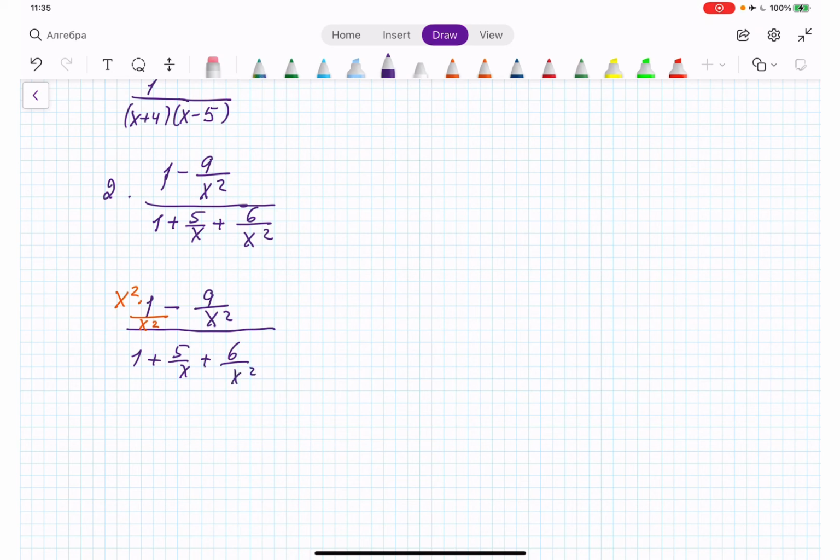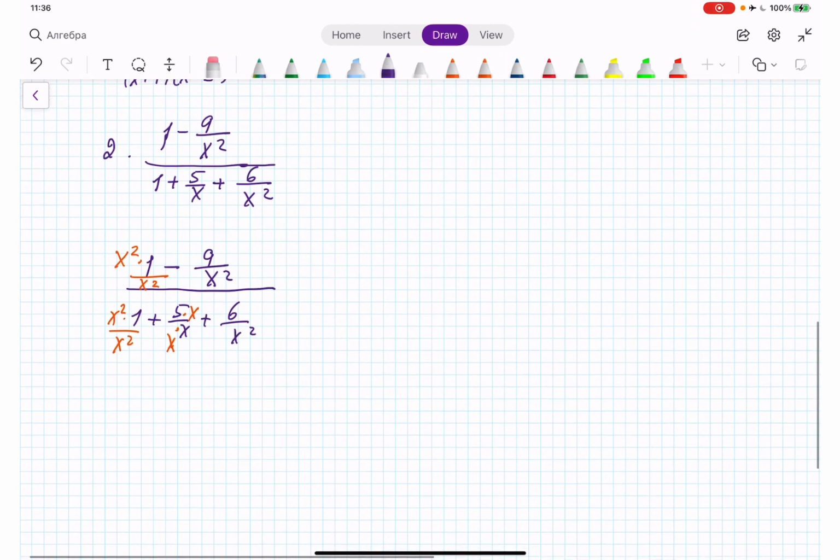Here we have three fractions with common denominator x squared. Therefore, I'm going to multiply this 1 by x squared. Since here I have x, I'm multiplying only by x to get x squared. The second one also by x. And the result is, in the numerator, (x squared minus 9) over x squared.